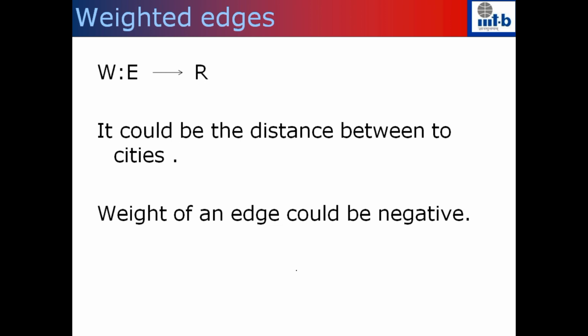People will have accounts only in banks, so (A, B) will be an edge if A is a person and B is a bank. If the person has deposited, let's say, X amount of money, then that could be the weight of the edge. Now you clearly see a case for negative weights, because instead of depositing the money, if he has borrowed some money in terms of a loan, then the weight of this edge could be a negative number.